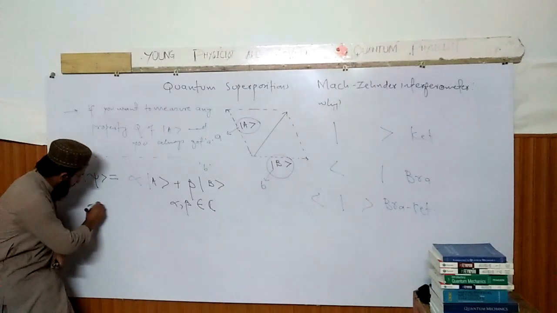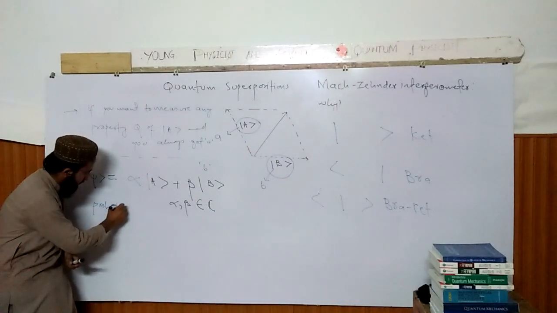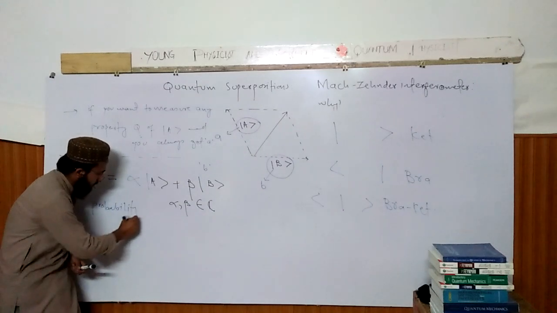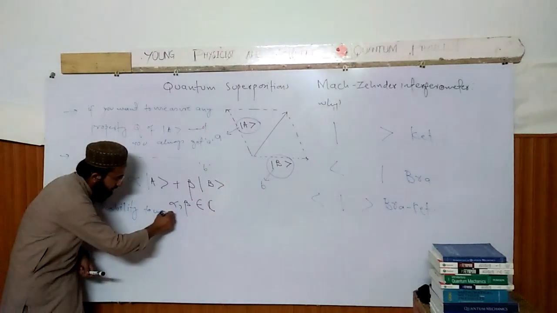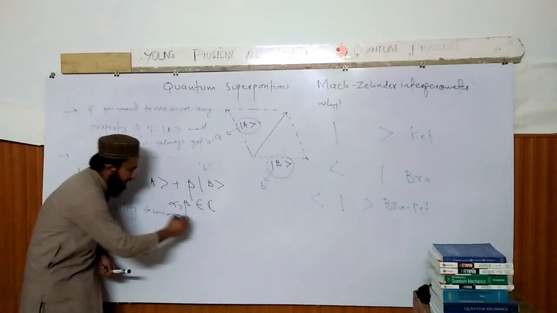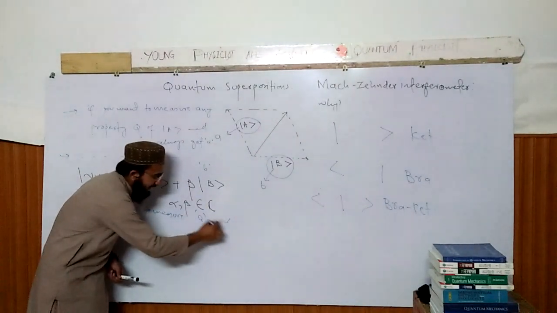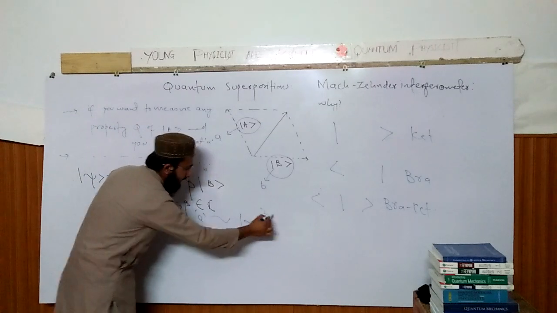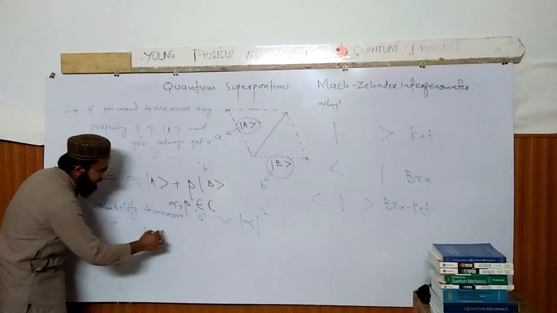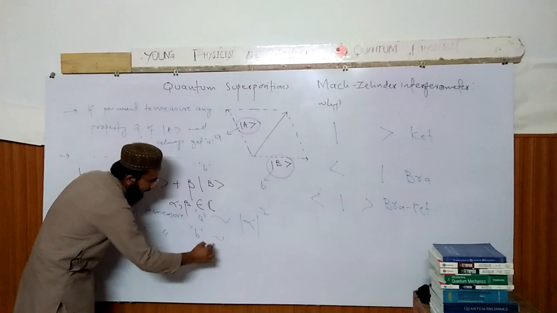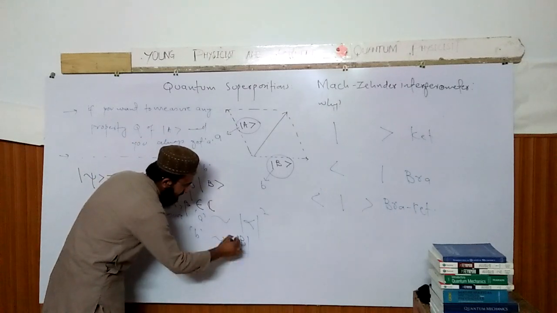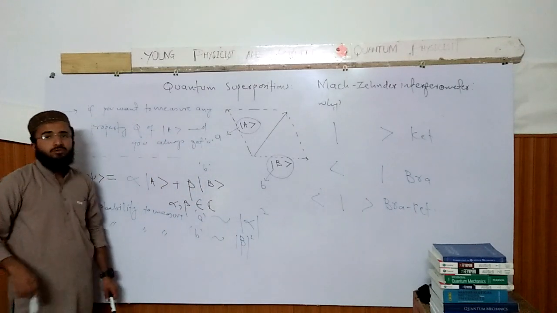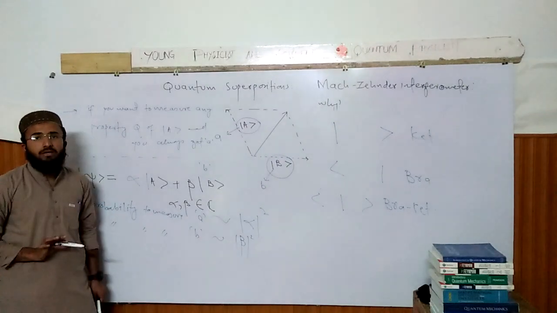The probability to measure A is proportional to alpha squared, and the probability to measure B is proportional to beta squared. So this is our today's topic.